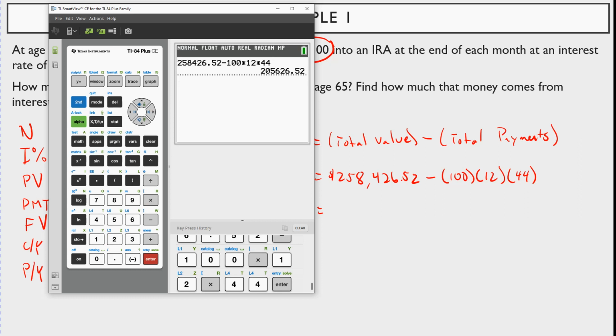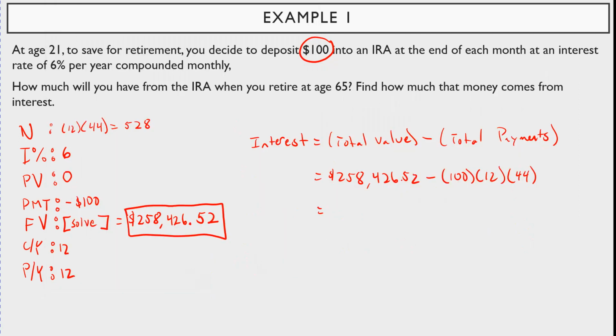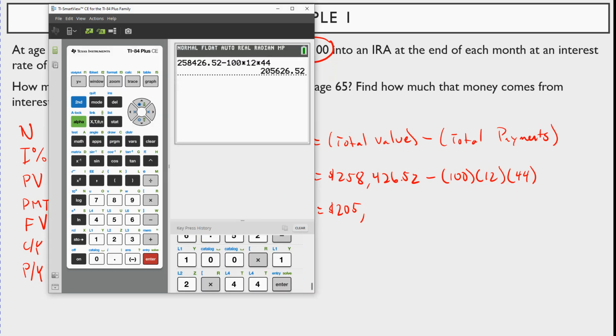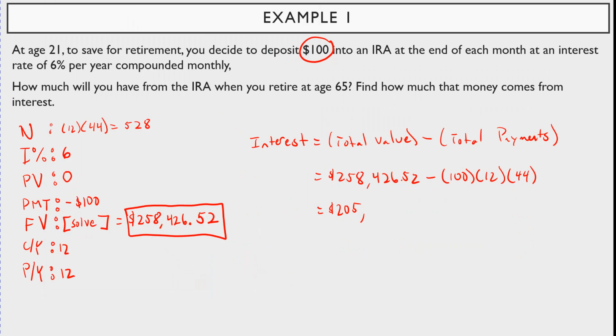You made $205,626.52. So you can see right here, start saving now. Even $100 a month, if you can put that away over a long period of time, is really going to add up to a good amount.